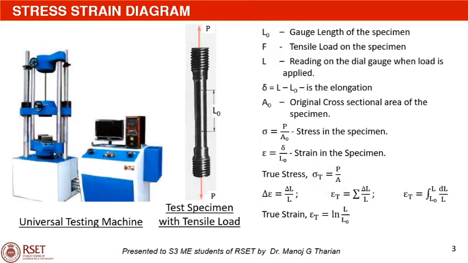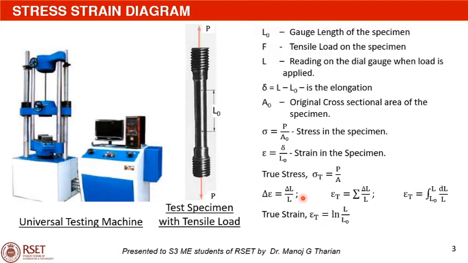Also, instead of taking strain as delta by L0, if we divide each increment of delta L of the distance between the gauge marks by the corresponding value of L, we obtain the elementary strain that is equal to delta L by L. Now adding successive values of delta epsilon, we will get the true strain denoted by epsilon T. Replacing this summation by the integral, we obtain the true strain epsilon T is equal to the integral from L0 to L of dL by L, that is, true strain epsilon T is equal to natural logarithm of L by L0.